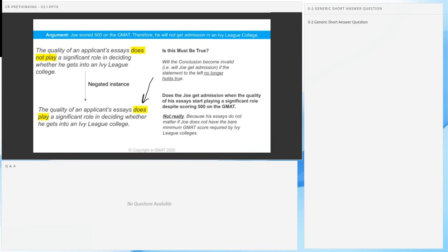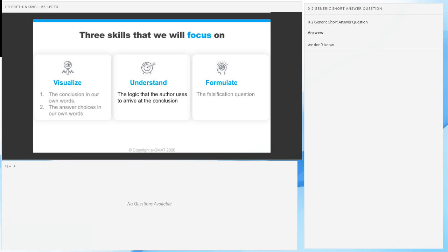Now, will Joe get into an Ivy League college with a score of 500 if the quality of his essay starts to play a significant role? No, because if he doesn't even meet that minimum threshold, then those essays don't even come into the picture. So even though the essays may start to play a role, they only play a role once he crosses that threshold. That's why this isn't must be true.